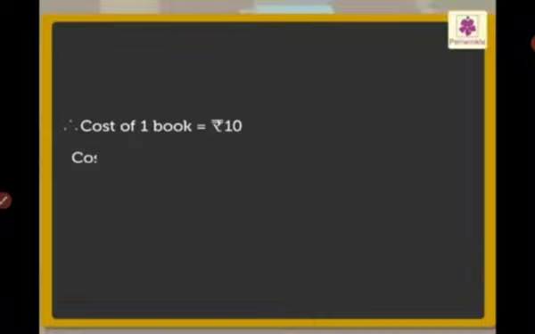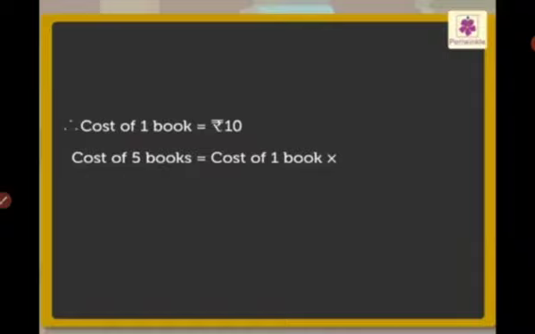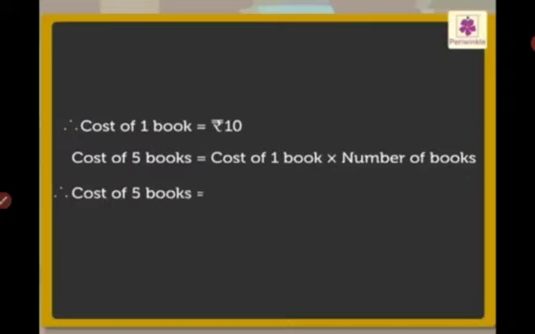Now, to find out the cost of 5 books, we multiply the cost of one book into the number of books. Therefore, cost of 5 books is equal to rupees 10 into 5, which is equal to rupees 50.